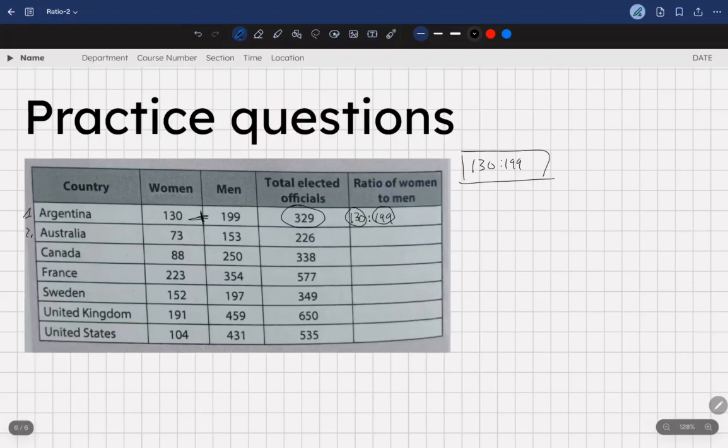Secondly, Australia has the ratio of women to men of 73 to 153. So we write it first: 73 to 153. We try to find some common factors between those two numbers.